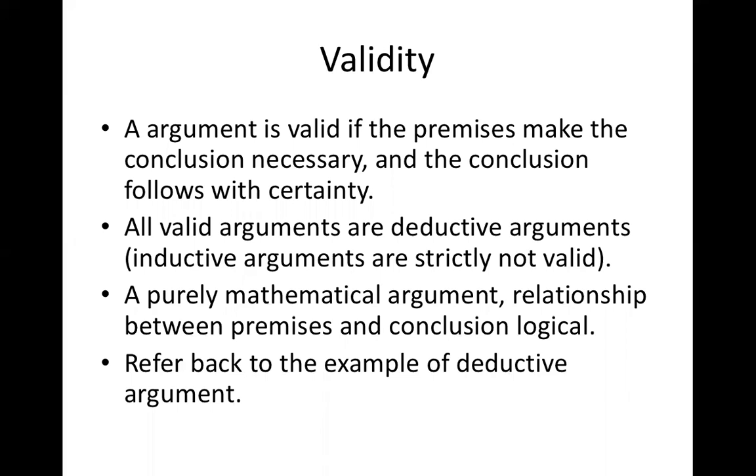So the conclusion must follow with certainty. Now let's move on. All valid arguments are deductive arguments. So inductive arguments are strictly not valid. So only deductive arguments are valid arguments. A deductive argument is a purely mathematical argument in which the relationship between the premises and conclusion is logical.